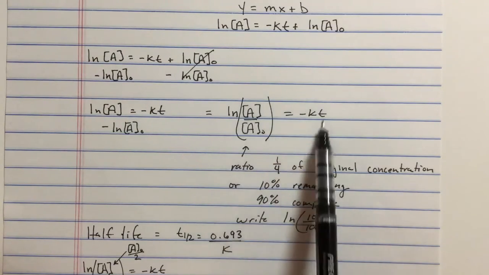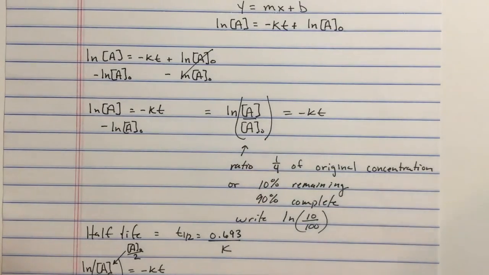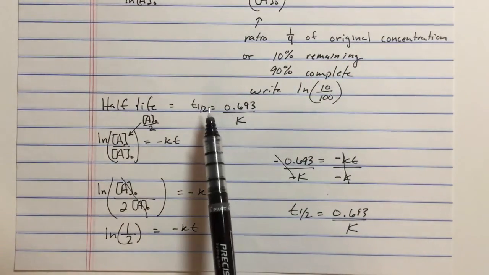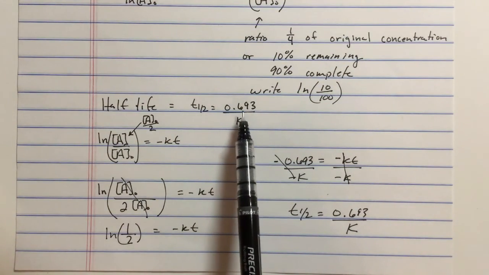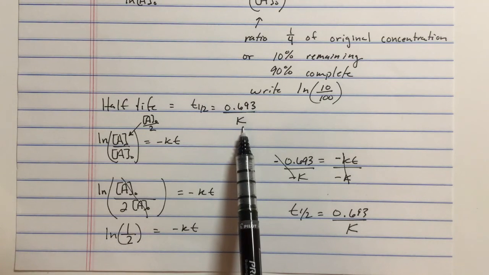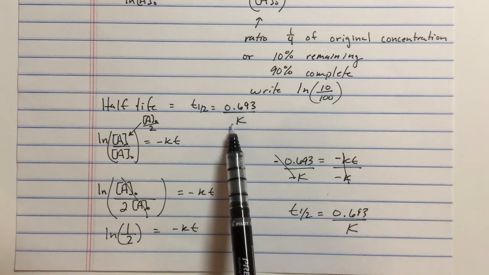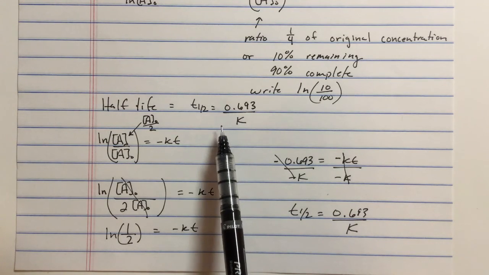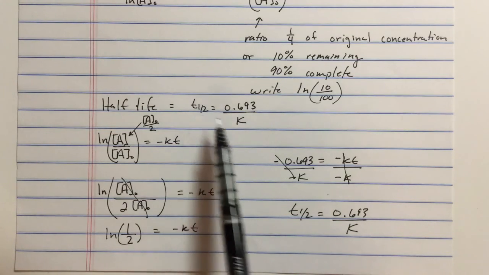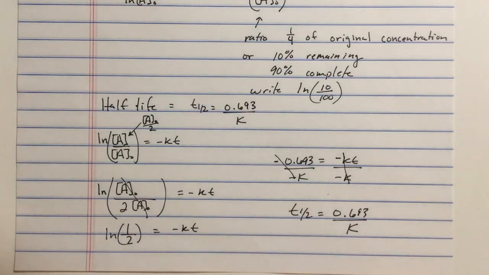And so we're going to be using this equation a lot. The half-life is equal to 0.693 over the rate constant. Now this is important because in a lot of questions, they'll give you the half-life, and we need to find the rate constant. And I'll give you an example of that here in the next video.